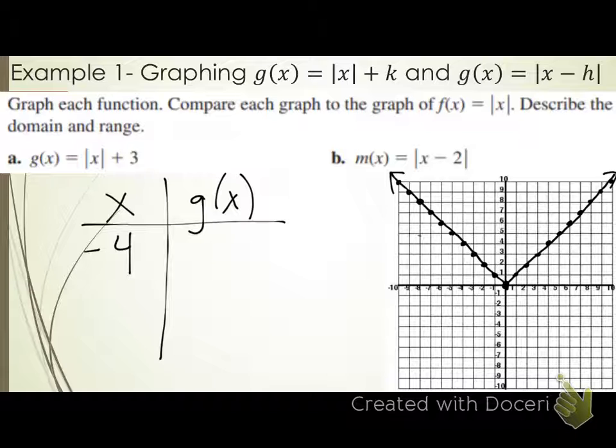So let's plug in -4 for x. I get the absolute value of -4 plus 3. What's the absolute value of -4? 4. What's 4 plus 3? 7. So I can graph my ordered pair, -4, 7. So left 4, up 7.